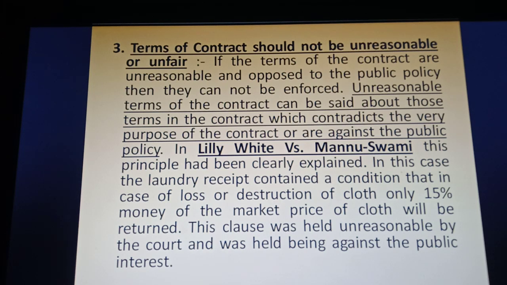This clause was held unreasonable by the court and against public interest. Hence, this term will not be binding on the other party. If the cloth is lost, then the laundry has to give 100% of the money to the owner of that cloth.